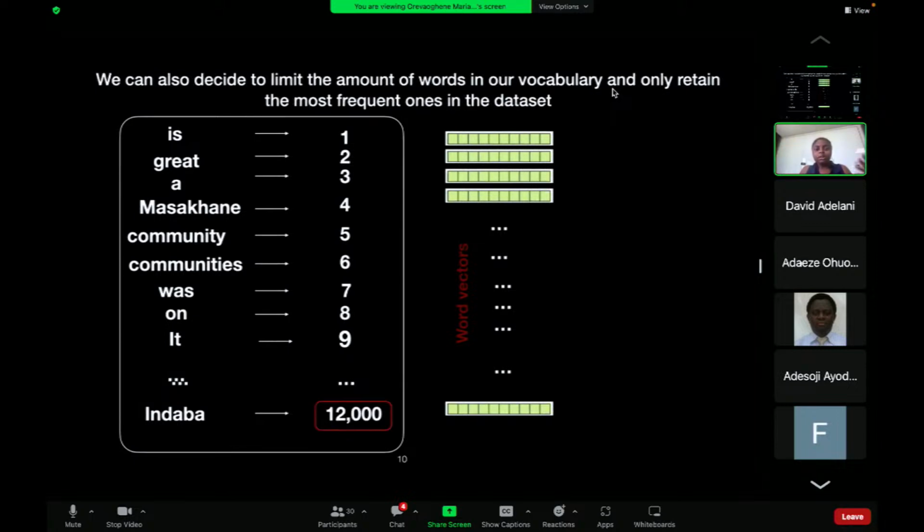But we could also say, I can't have a vocabulary of 100K. I would just limit this to about 12K, take only the frequent words in my data set, and represent these in my tokenizer.